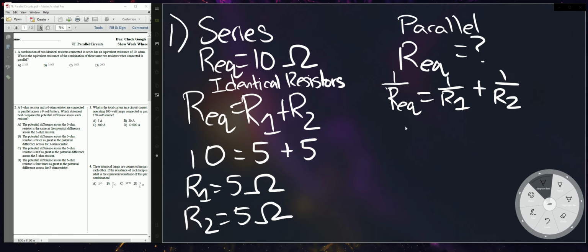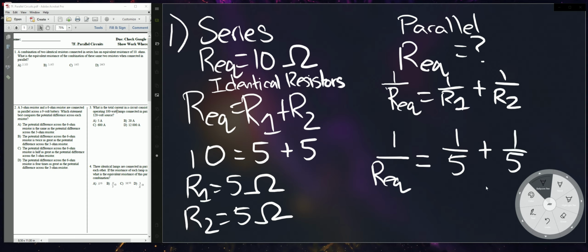And so now our equivalent resistance right here is going to be 1 over Req is equal to 1 over 5 plus 1 over 5. So 1 over Req is equal to 2 over 5.